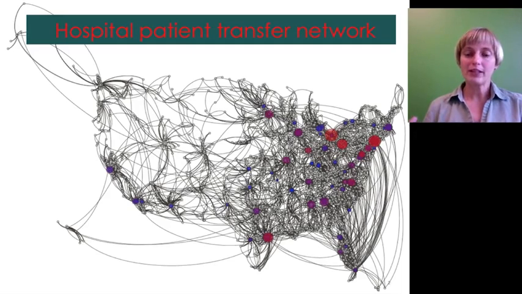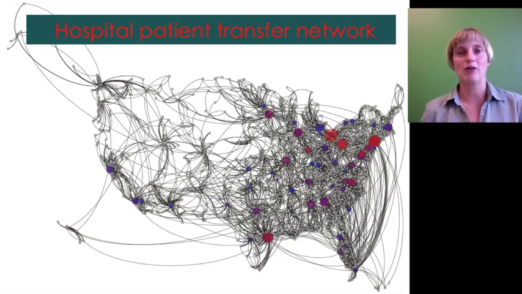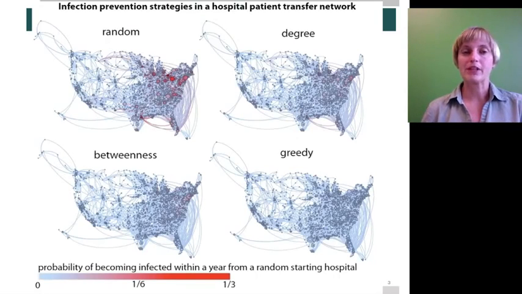So we really do just want to allocate some prevention resources as opposed to shutting down whole hospitals or something like that, or forbidding transfers. So there are different strategies that you could use. You could just allocate money at random.